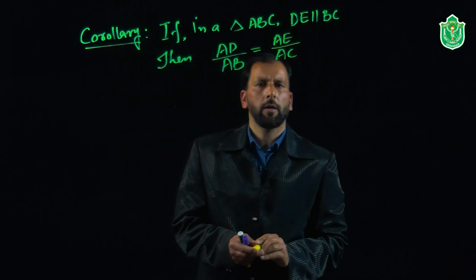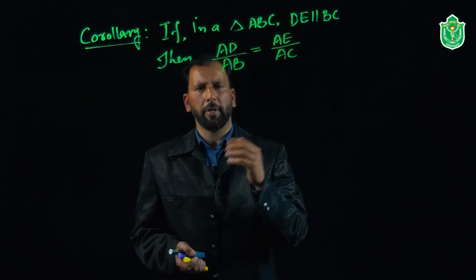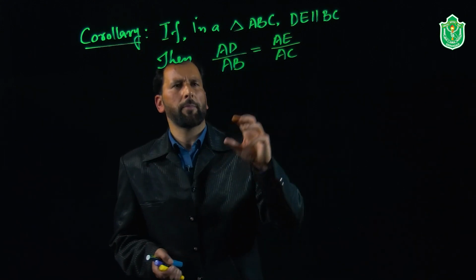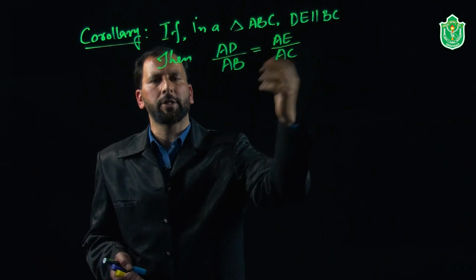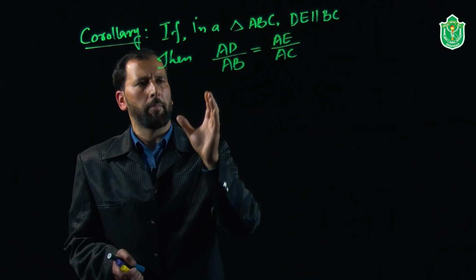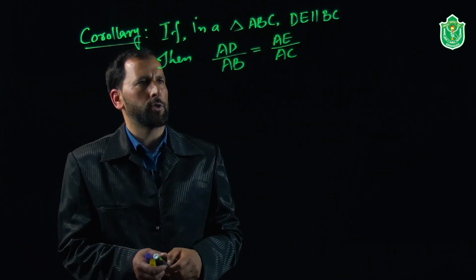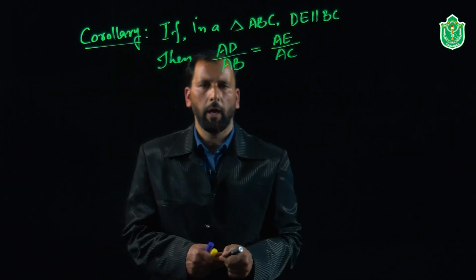So this is the corollary based on the basic proportionality theorem. If we have a triangle ABC and a line DE parallel to one side BC, then we have to show AD by AB is equal to AE by AC.